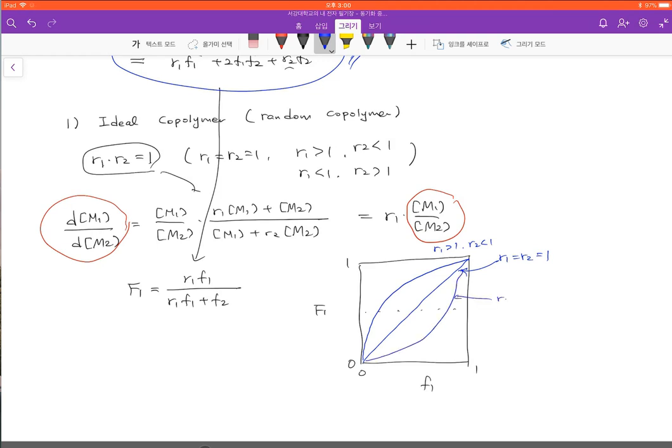On the other hand, if r1 is larger than 1 and r2 is smaller than 1, you have this kind of graph, while when r1 is smaller than 1 and r2 is larger than 1, you have this graph. Anyhow, if r1 and r2 are equal to 1, as I already mentioned, you have a random copolymer. The copolymer composition is basically the same as the monomer mix composition.